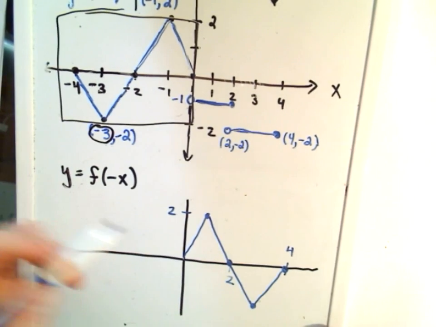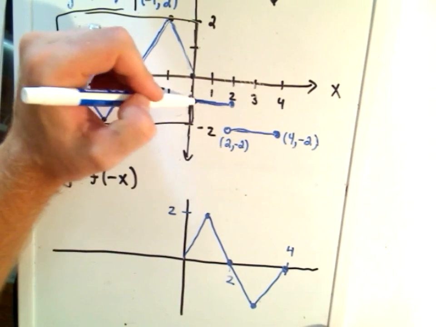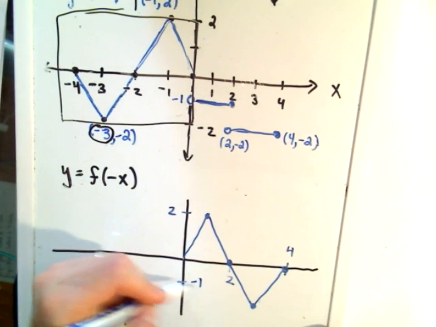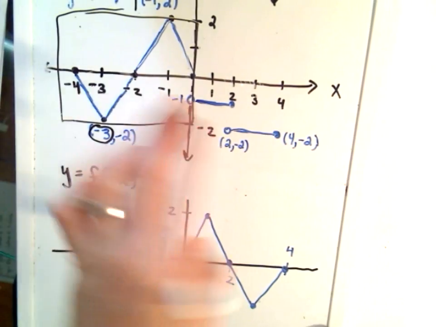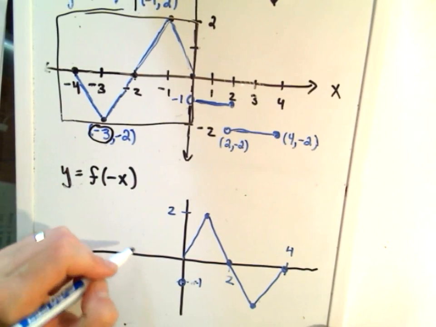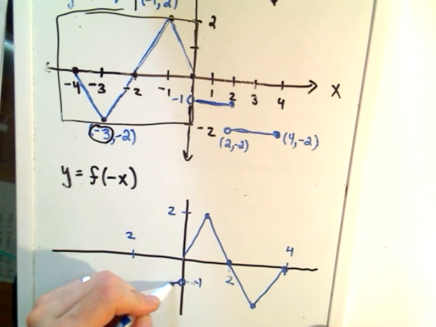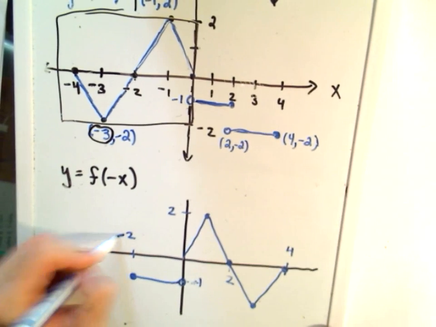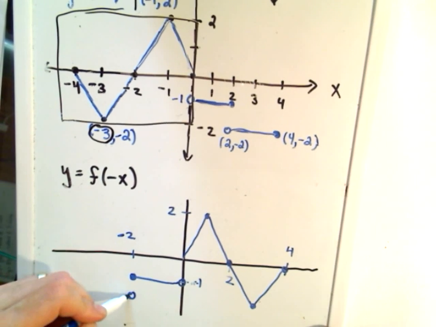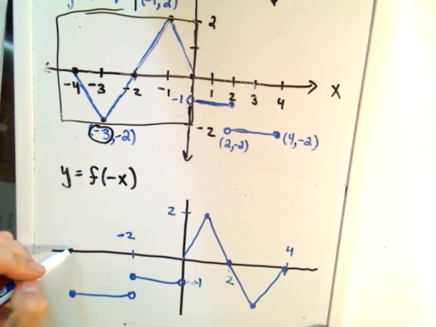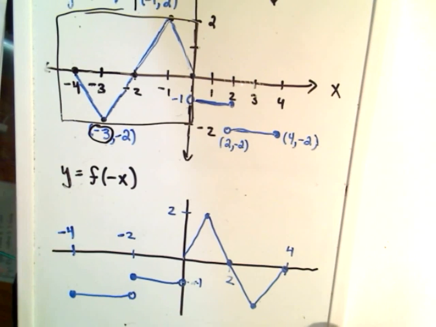And lastly, the part that was on the right side, instead of going to the right like it normally did, if it reflects, it'll now point over to the left, and it'll extend over to an x-coordinate of -2. And then we'll jump down here, and we'll extend over until we get to -4.